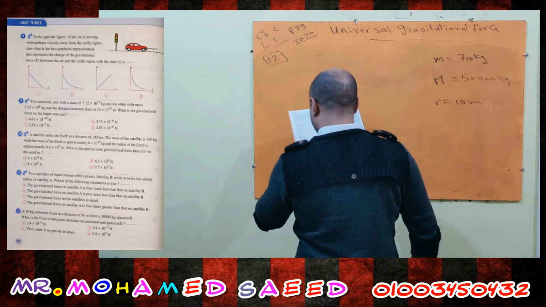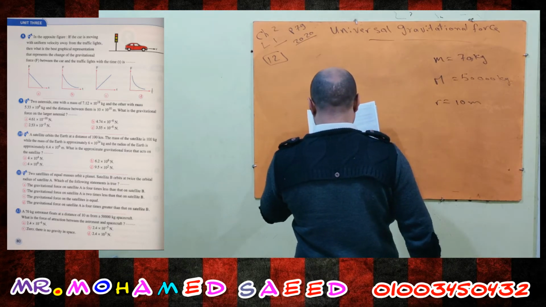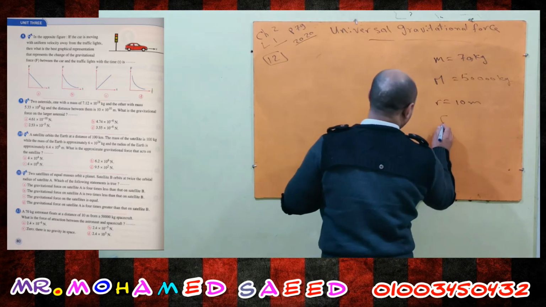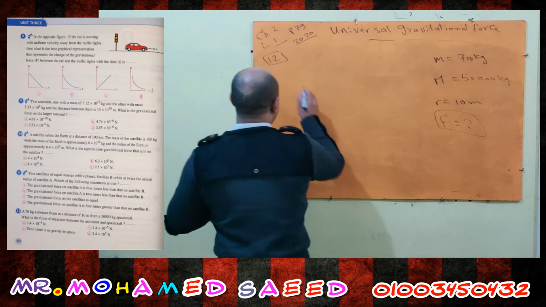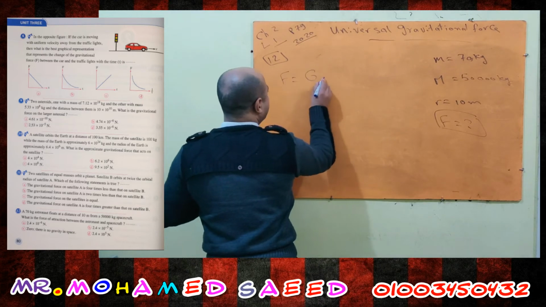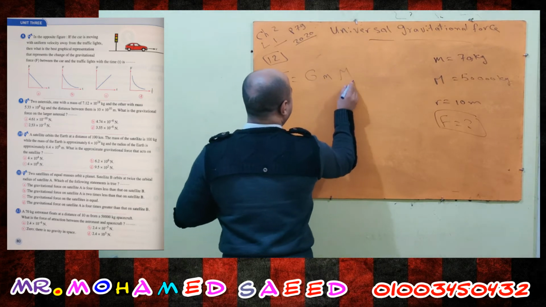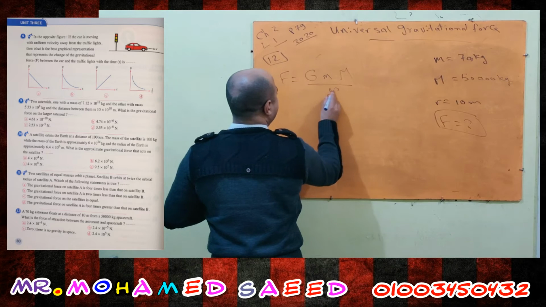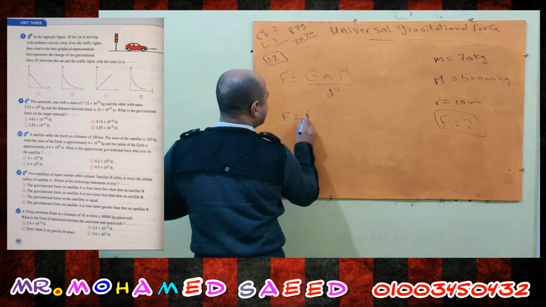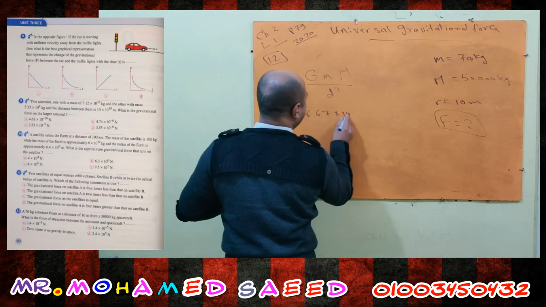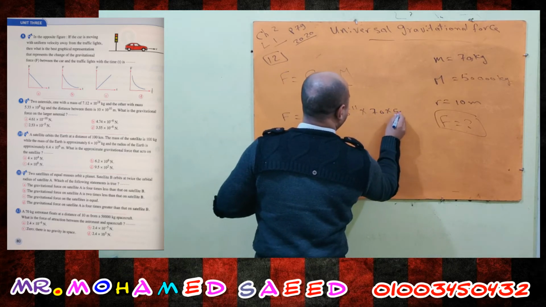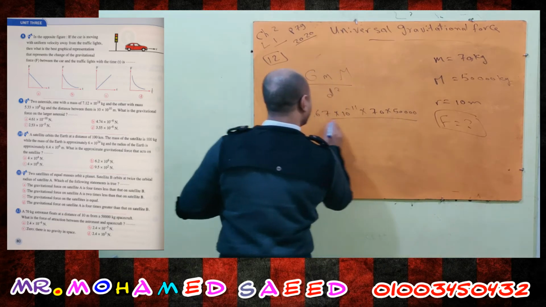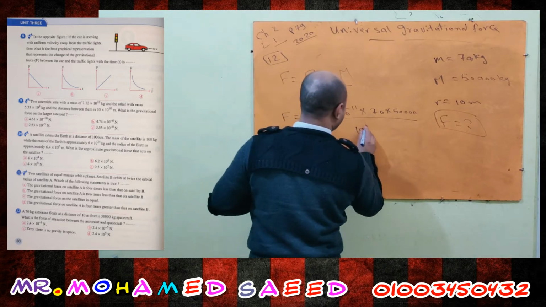What is the force of attraction between the astronaut and spacecraft? F equals what? F equals G capital M astronaut M spacecraft over D square. F equals 6.67 times 10 to the power negative 11 times 70 times 50,000 over D square, 10 square.